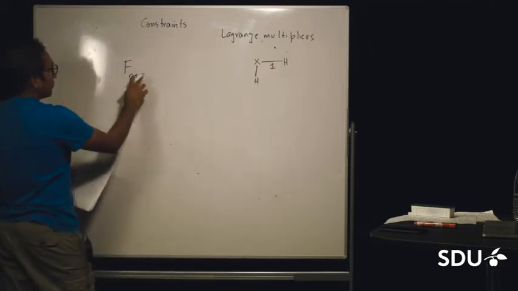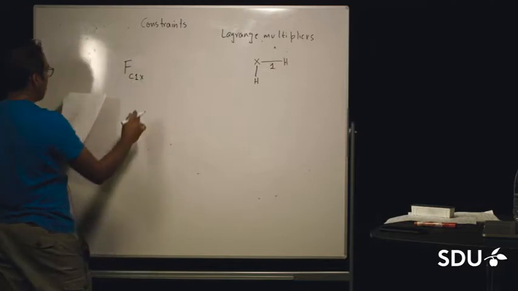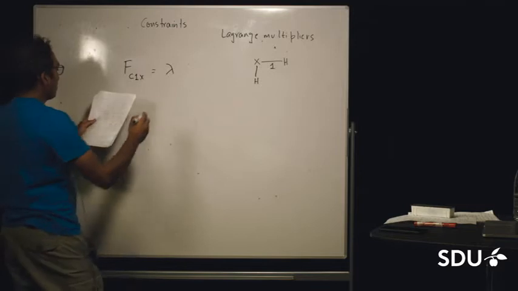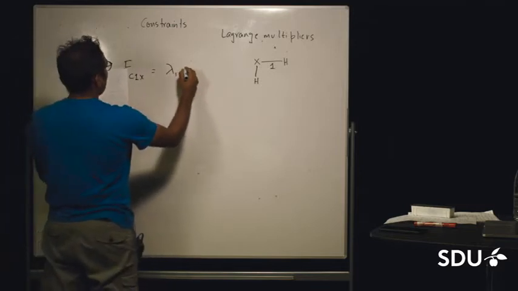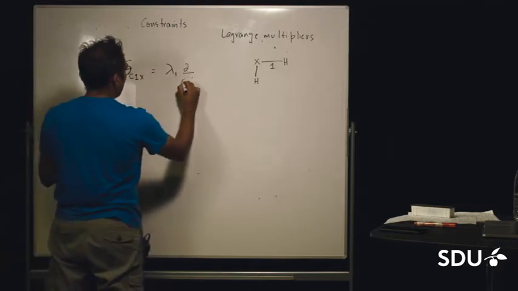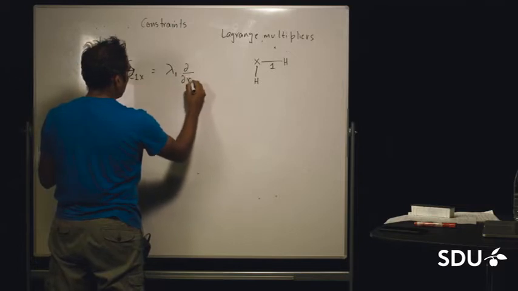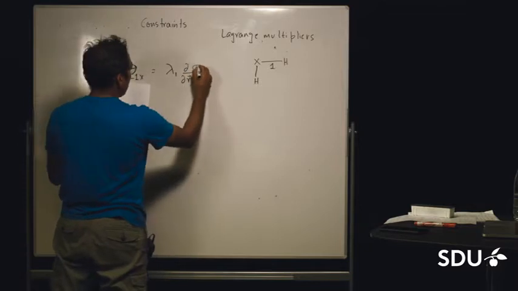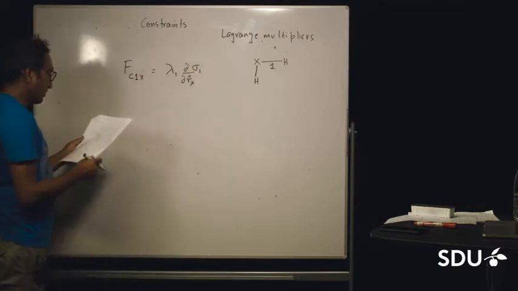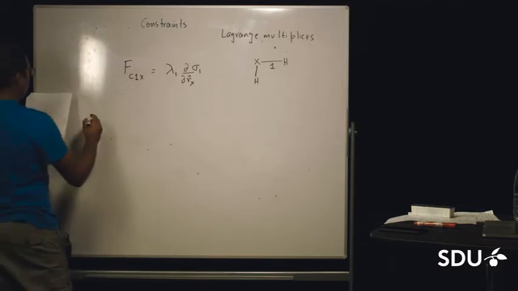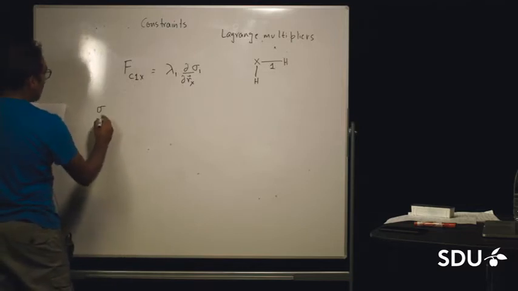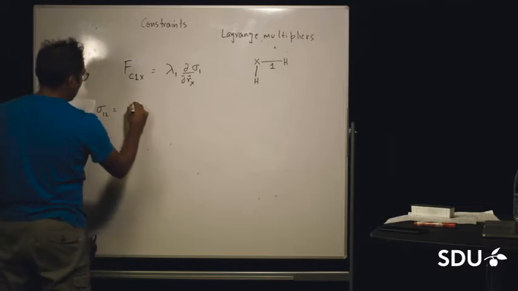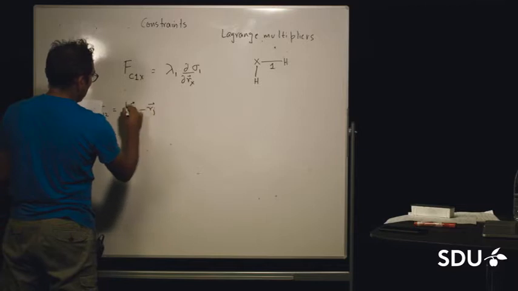The constraint force on atom x, because of constraint number 1, is given by some Lagrange multiplier, which we shall call lambda 1, and the partial differential of the position of atom x, with respect to the position of atom x of the constraint itself. And the constraint can be written in the following way. So the constraint between atoms 1 and 2 is written like this.